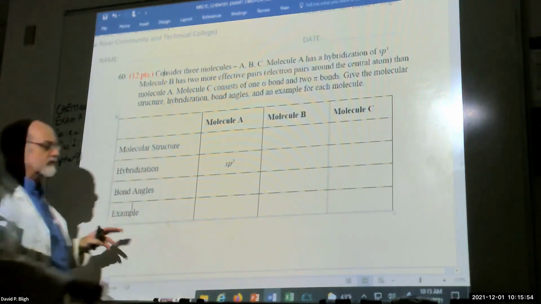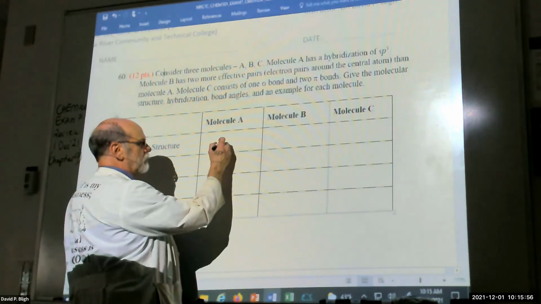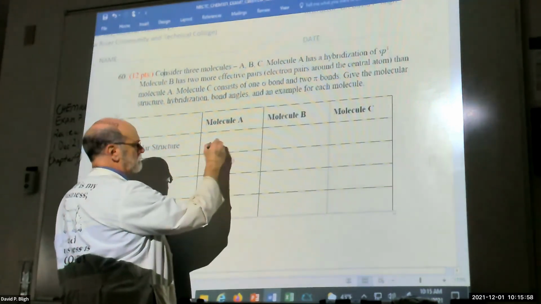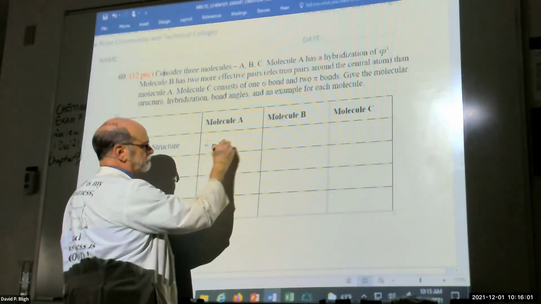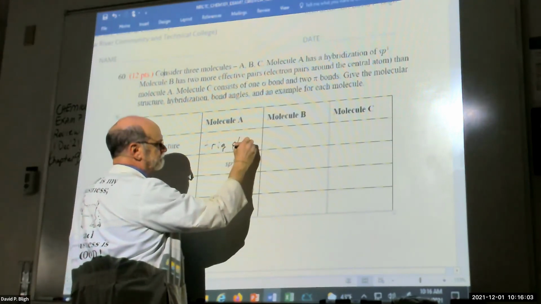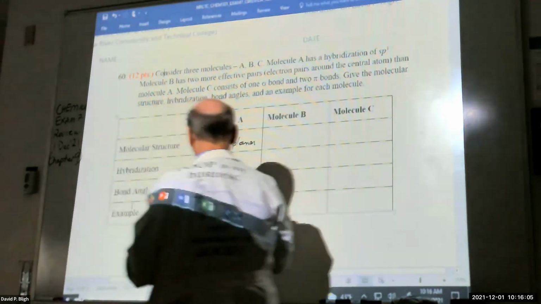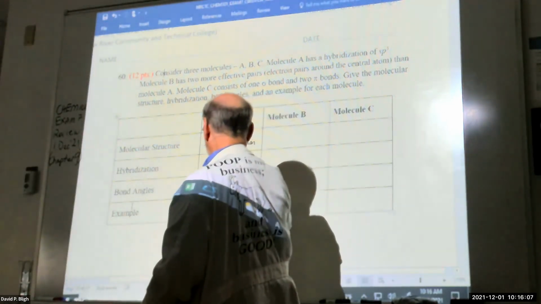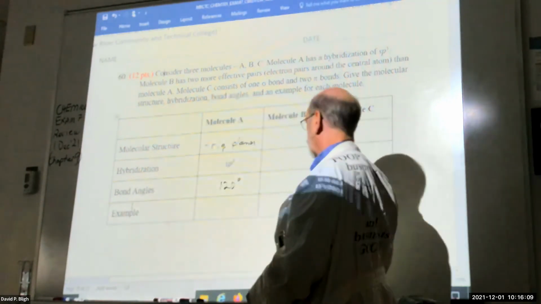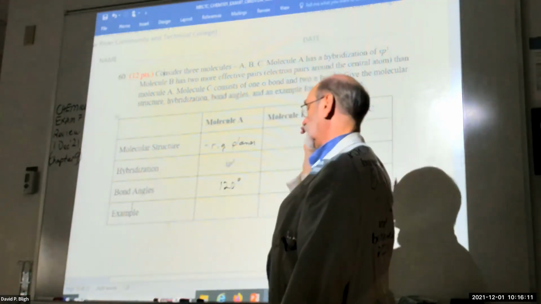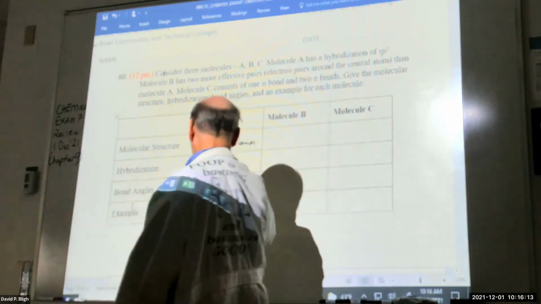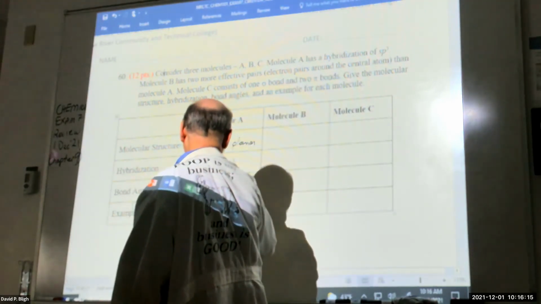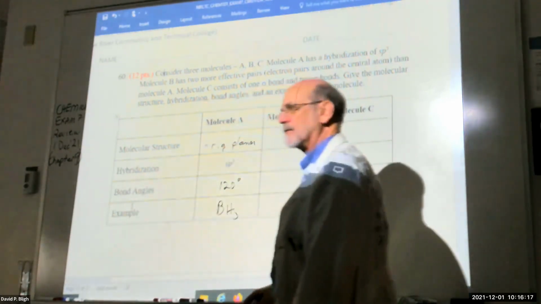To have a molecular structure with sp3, then we would have to have trigonal planar. Okay. And the bond angles would be 120 degrees. So what's an example? This is a good one. Boron trihydride.